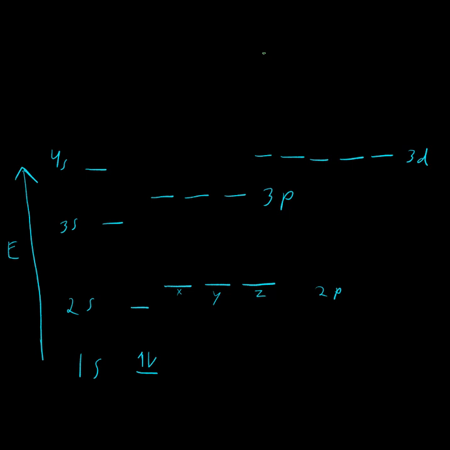So, with that being said, if I give you an energy diagram, if I for example draw out 1s, 2s, my bad, 2p, and really this would be 2px, 2py, 2pz, and then 3s, and just went on.